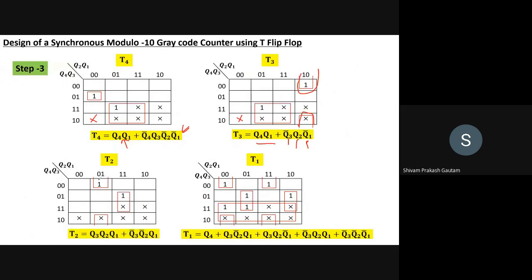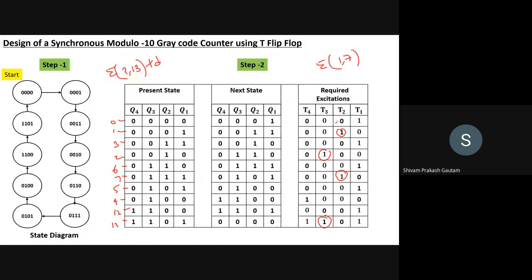So you can see 1 is here and 7 is here. So you can group them and you can get the desired expression, right? Now for T1, you're having min terms as 0. This is represented by 3. This is again represented by 6.